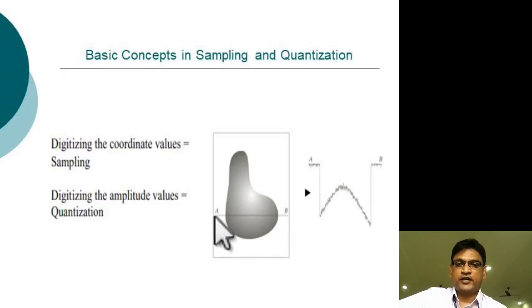Here the background is white and the object is black. Generally we get a profile like this. This is a high value from this point to this point, then from this point to this point we have a low value, and from this point to this point we have again a high value.